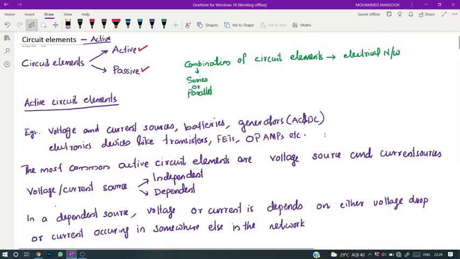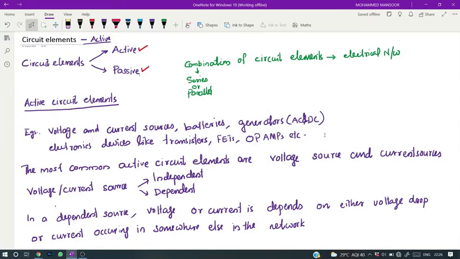Among these active circuit elements, the most common are voltage sources and current sources. The voltage source or current source may be of two kinds. It may be an independent source or a dependent source. What is a dependent source? Voltage or current depends on either a voltage drop or a current occurring somewhere else in the network.